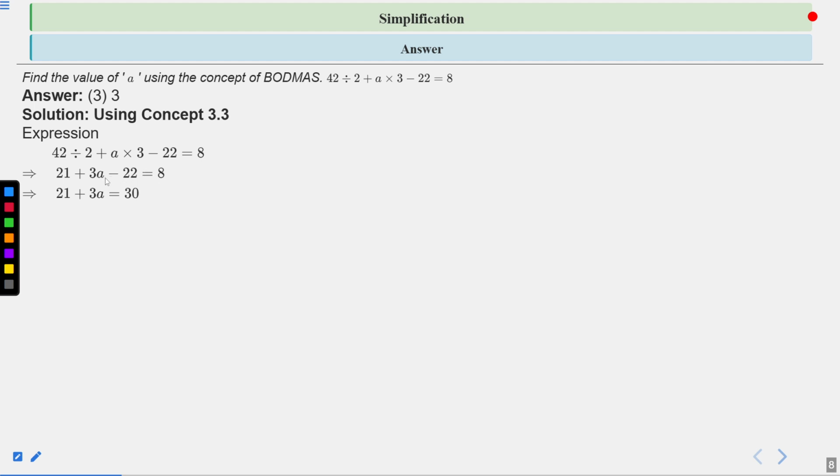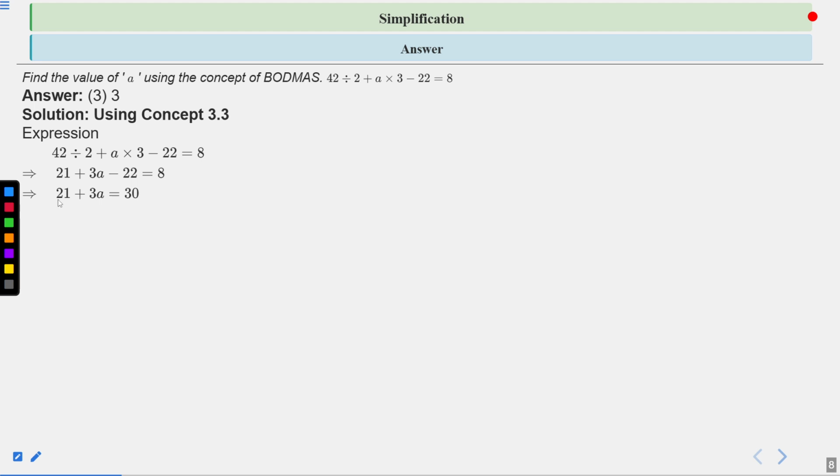Now when we simplify it, after division, multiplication, then addition, and after that subtraction, the expression is 21 plus 3A minus 22 equals 8. When we change the side, the 22 becomes positive on the right hand side, so it becomes 30.